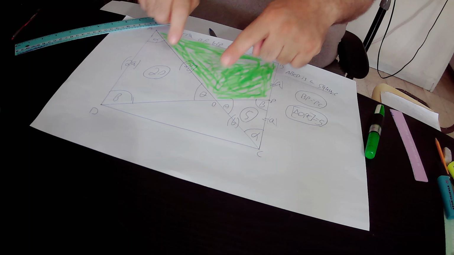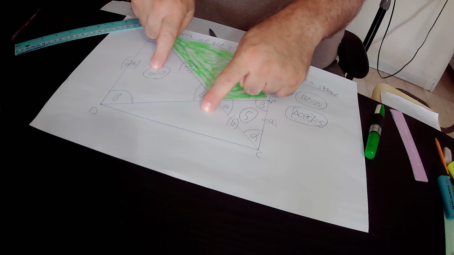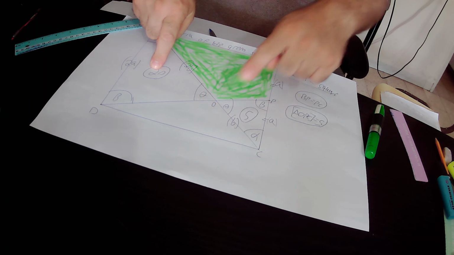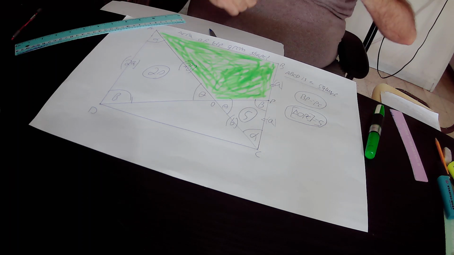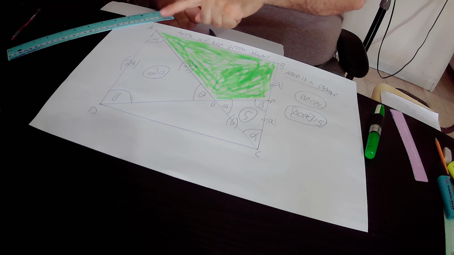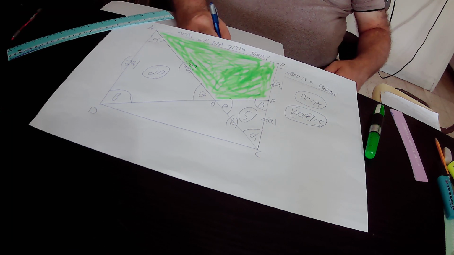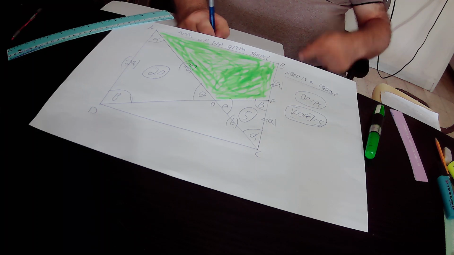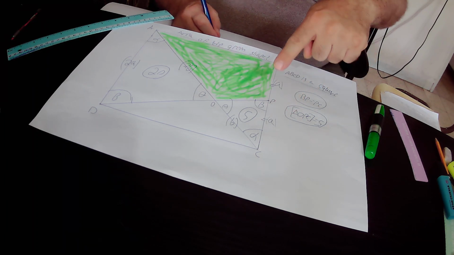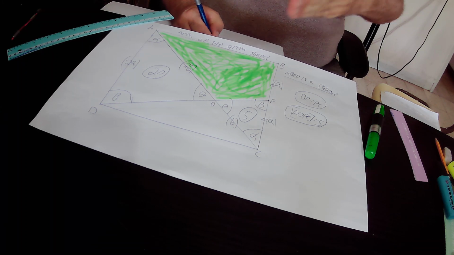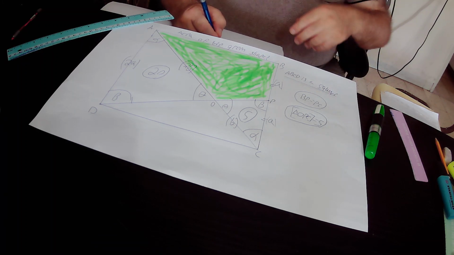And that ratio is equal to the ratio between their corresponding bases. The base of triangle AOD is AO, the base of triangle DOC is OC, and the ratio between their bases is of course AO over OC.